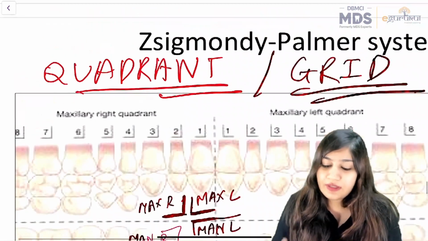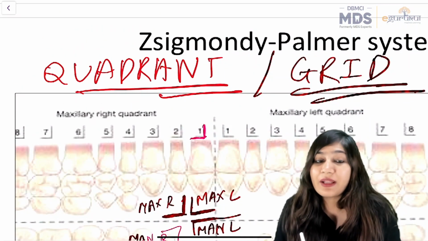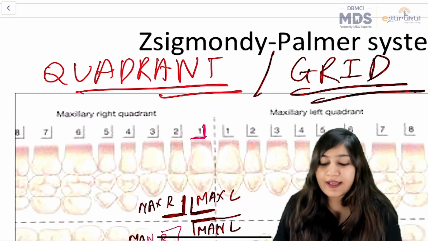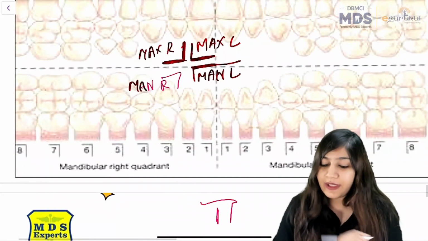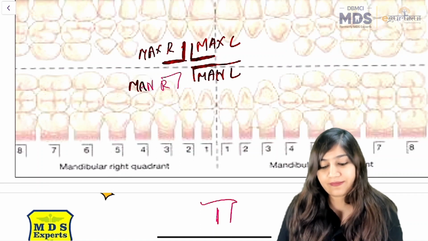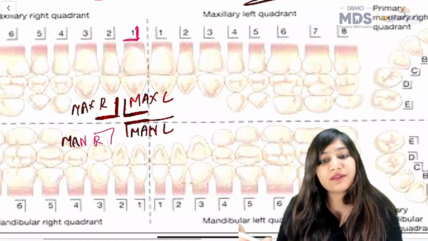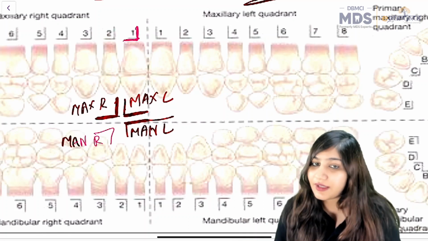So if this is given 1, then it will be maxillary right central incisor. But if the same one was given this way, then it will be mandibular right central incisor. It is same for numbering up till 8, starting from the central incisor towards the third molar.